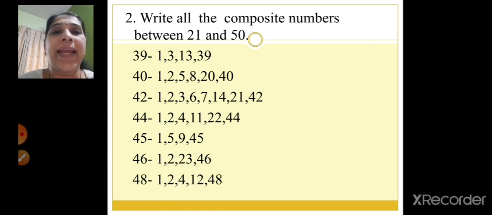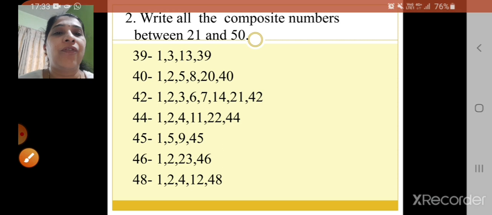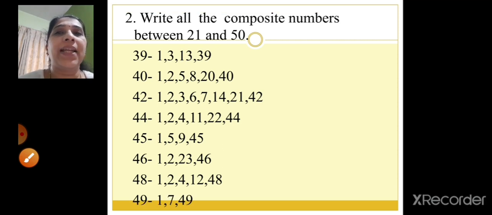Next is 48. 1, 2, 4, 12, 48. Then it will be, children, also 8 and 6. These are also the factors of 48. So 48 is also a composite number. Next is 49. So 49 has got 1, 7 and 49 as the factors. So 49 is also a composite number.